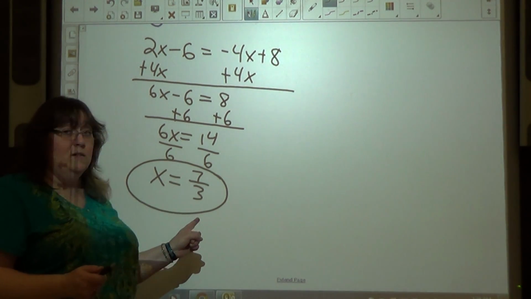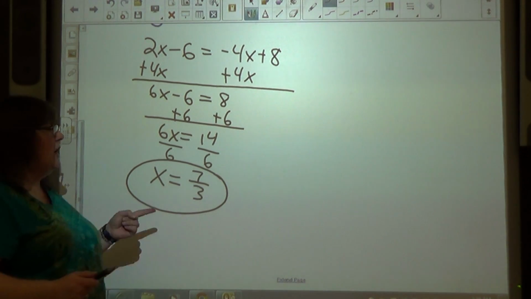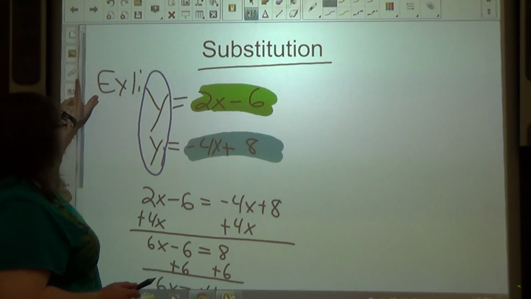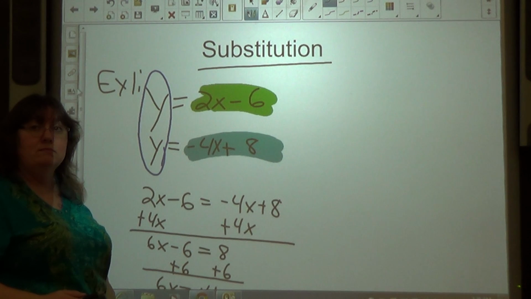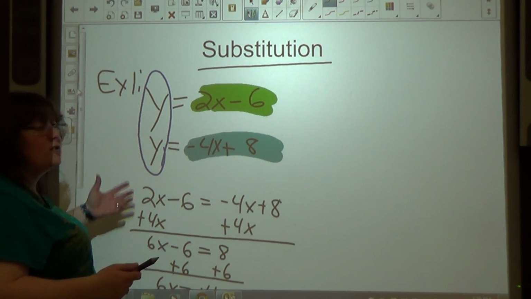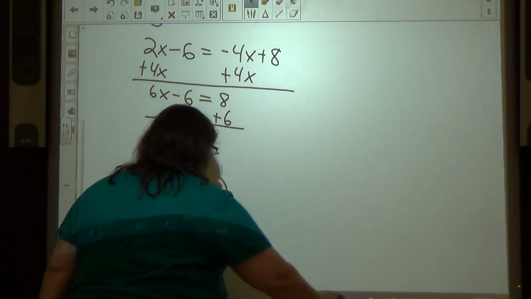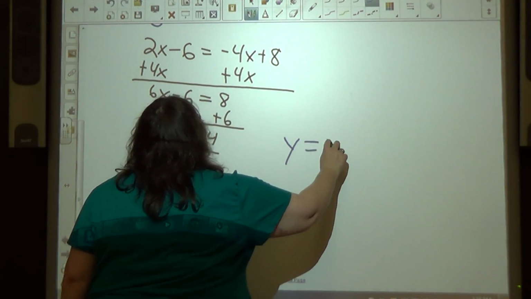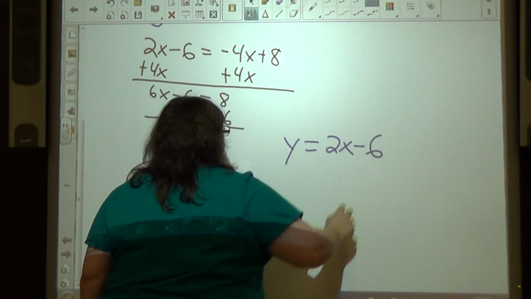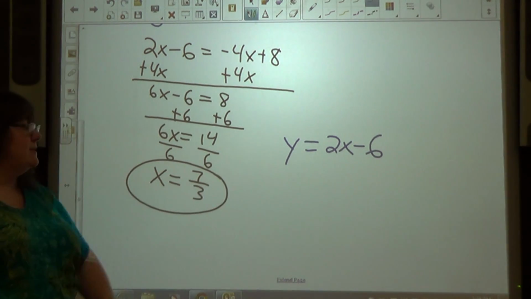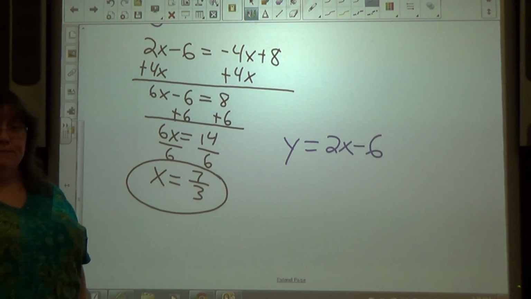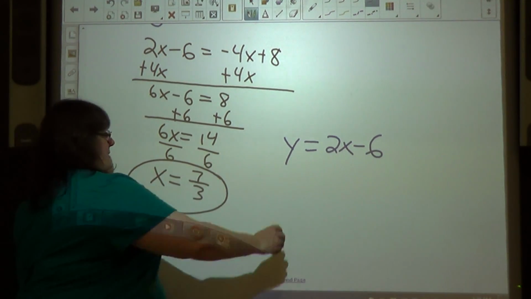I may have x, but I don't have y. So how do I find y? Pick an equation. I don't care, top or bottom. Let's go ahead and use the top one. So I'm going to write down y equals 2x minus 6. I'm going to put my 7/3 in where x is.